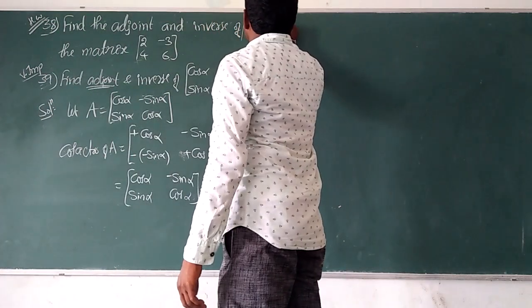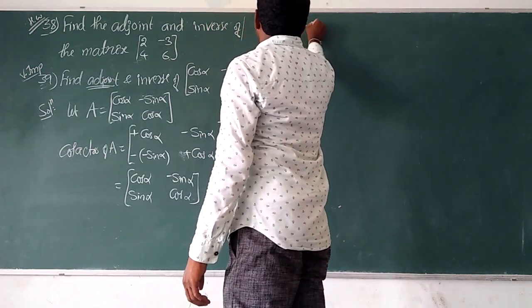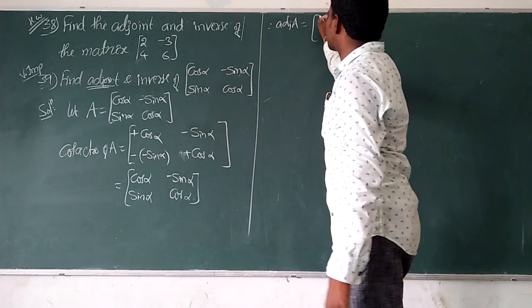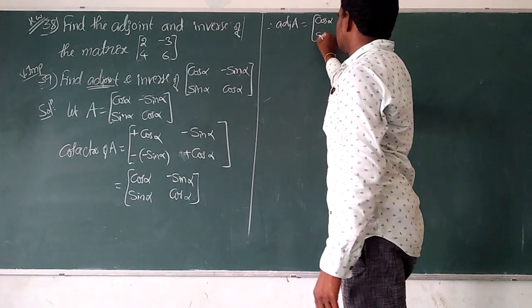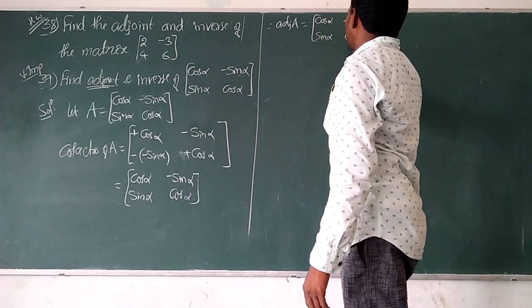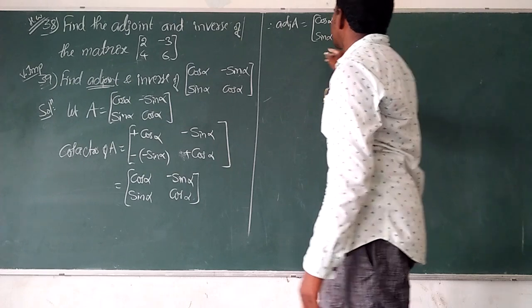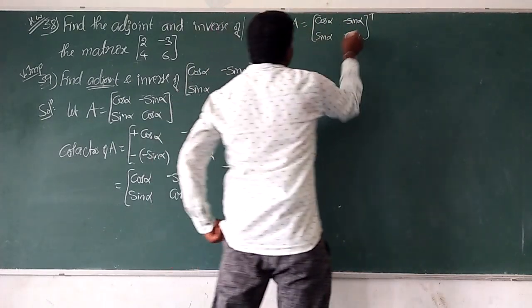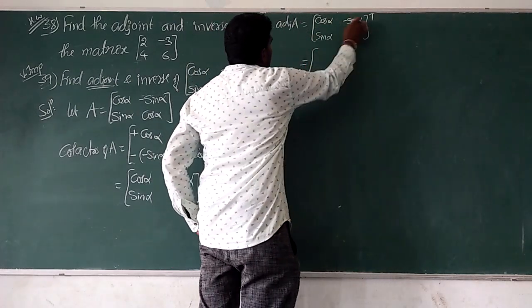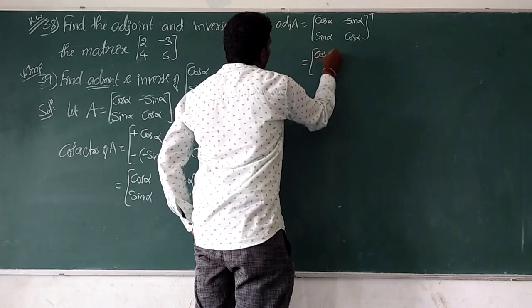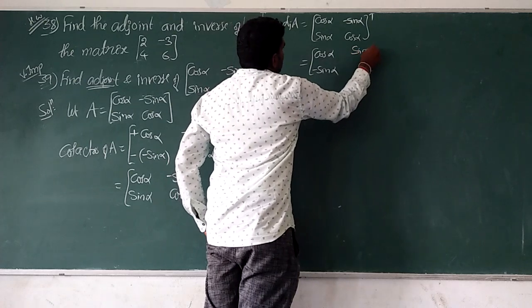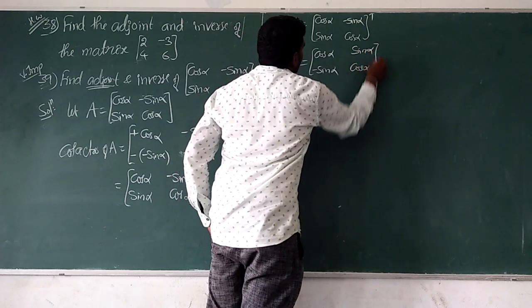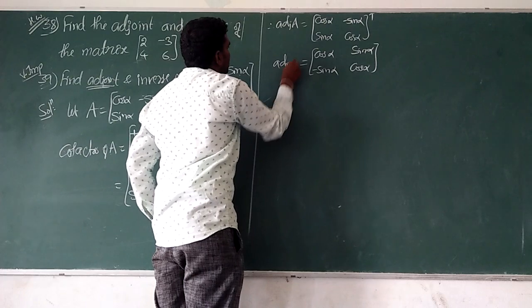Then the adjoint: adjoint A equals the transpose of the cofactor matrix. Taking the transpose, the first row becomes the first column: cos alpha, minus sin alpha, and the second row becomes the second column: sin alpha, cos alpha. So this is the adjoint.